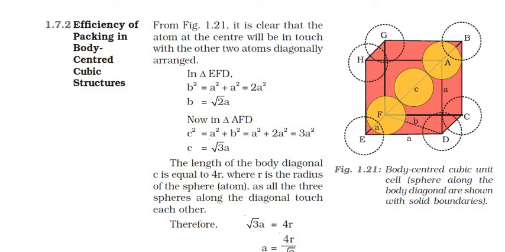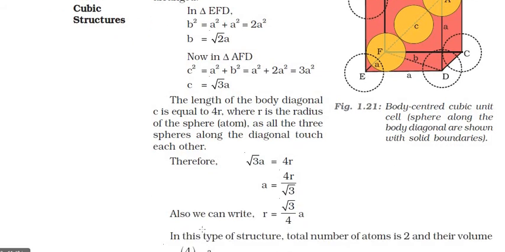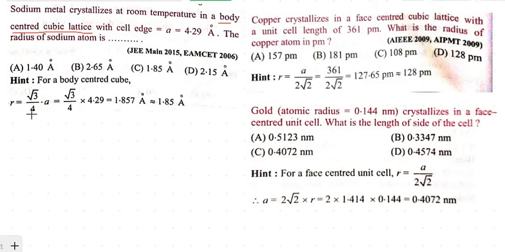This is the packing efficiency of BCC, and how you correlate r and a, the radius and cell edge length. By using this formula, r is equal to √3/4 a. So we are going to use this formula.